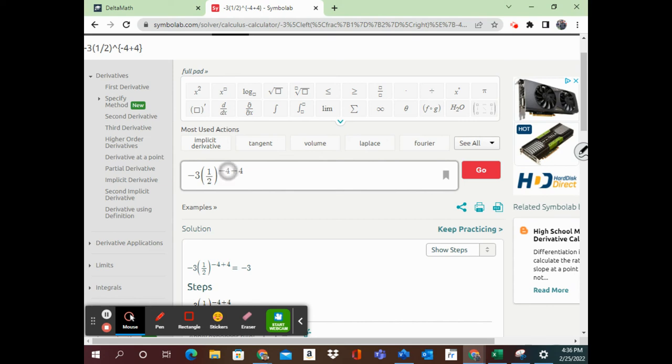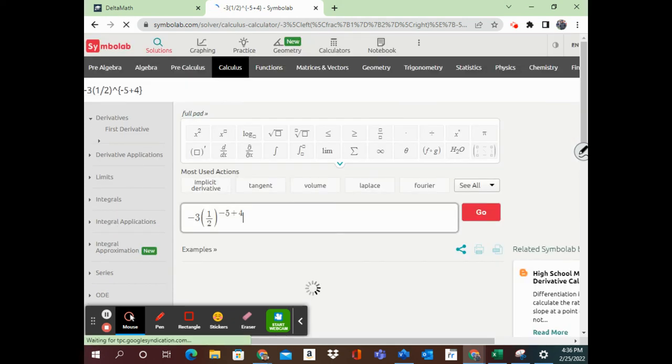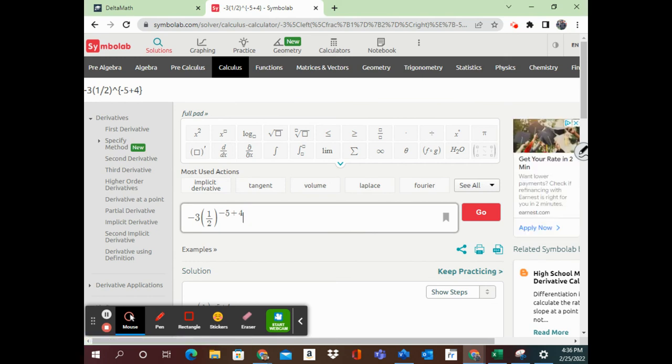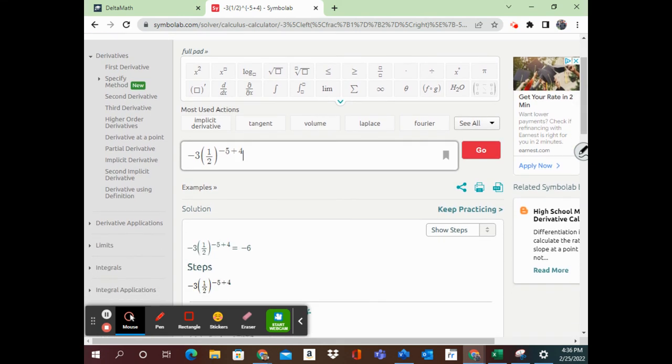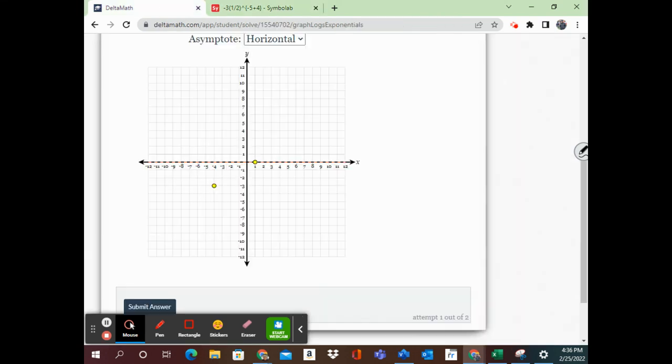Let's put that in and see if it gives us a whole number by plugging in a 5. It indeed does, that gives us a -6. So -5, -6 will be my next point.